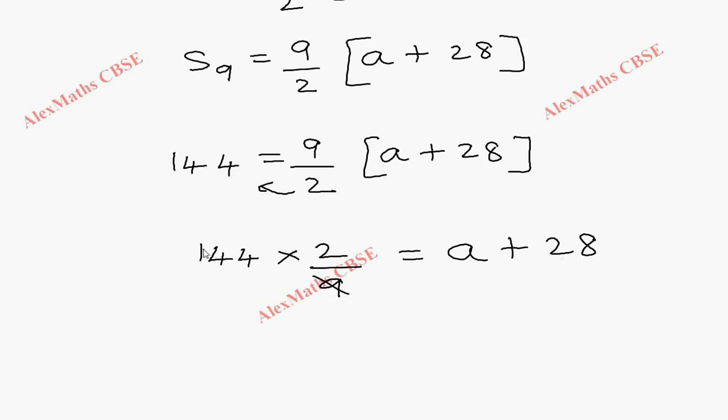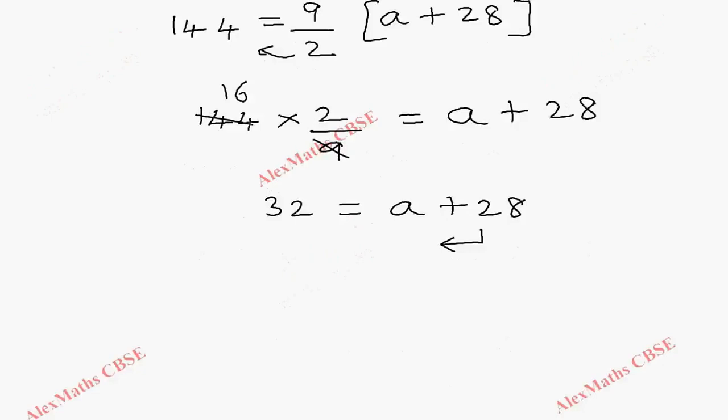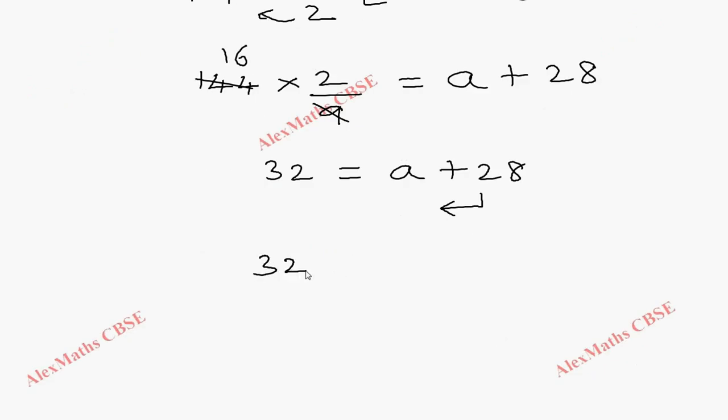We can cancel with the 9 table. 9 ones are 9. Remaining 5. So 54. 6 times 9 is 54. 16 into 2, 32, which is A plus 28. This 28 is taken to the other side and subtracted. 32 minus 28 equal to A. From this, the value of A is 4.